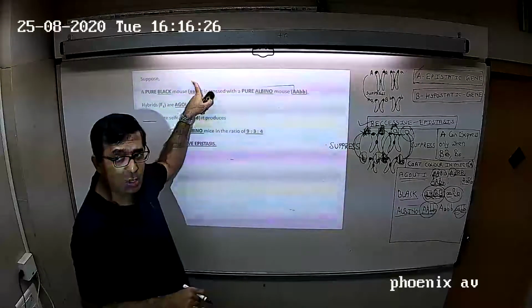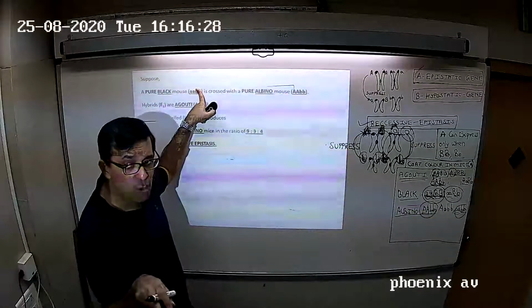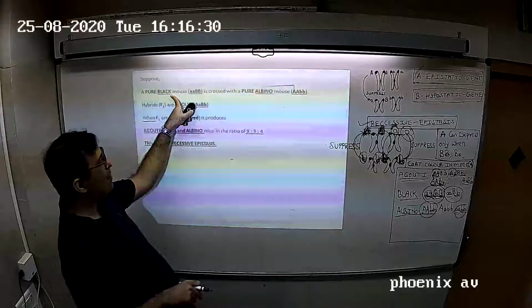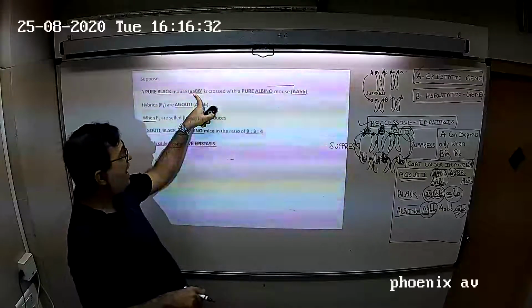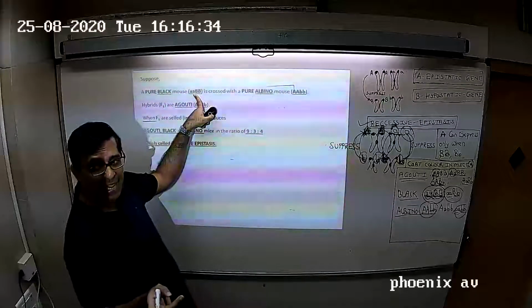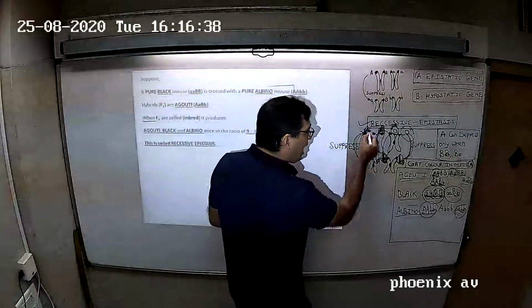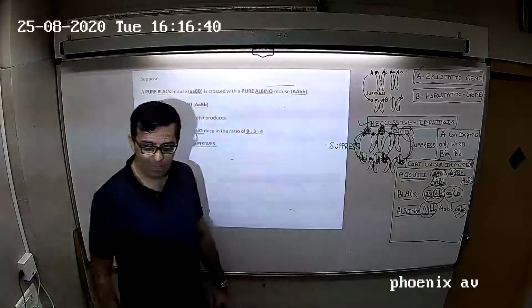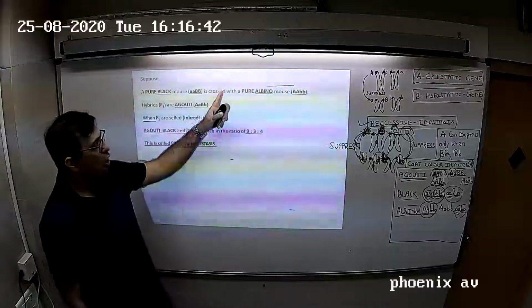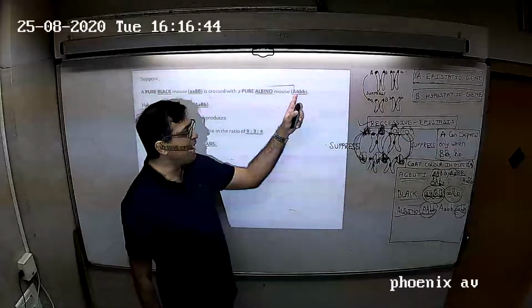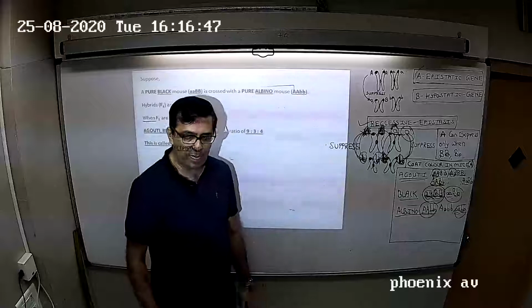If it were capital A, what would it form? Agouti. So what is the pure black? Small a, which is black, and capital B, which will not become recessive epistatic. And it is crossed with a pure albino mouse: capital A, small b.